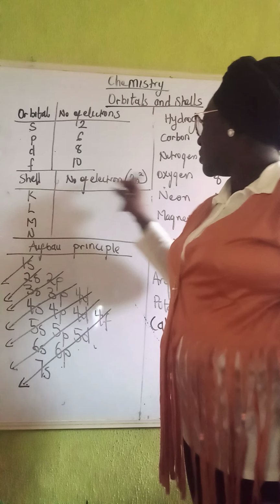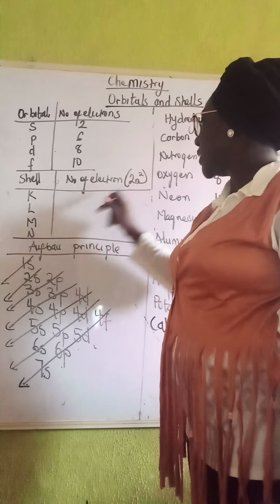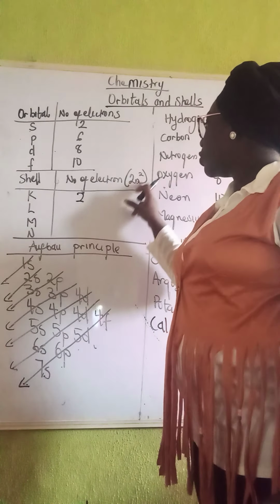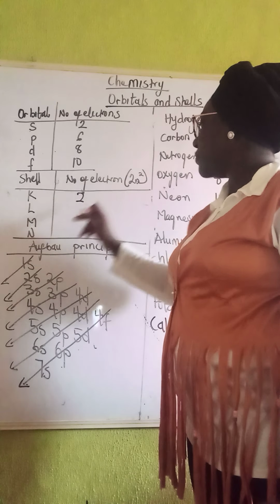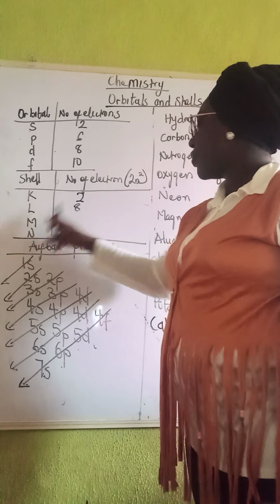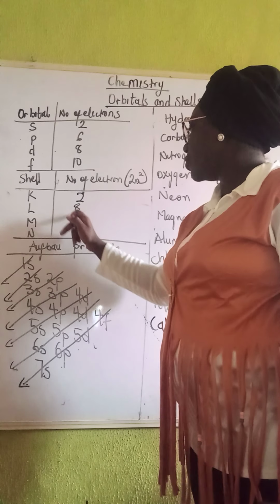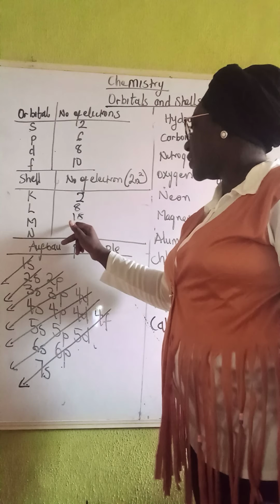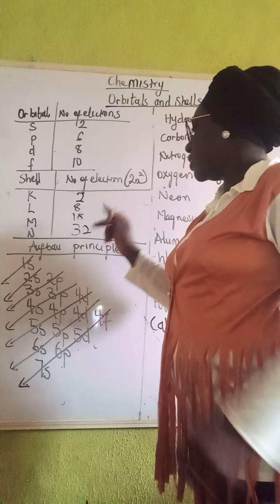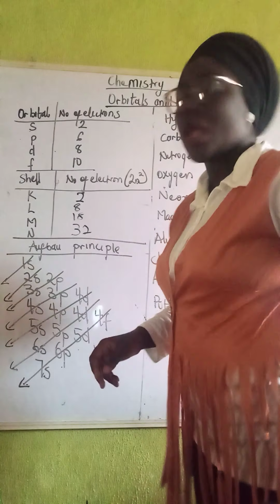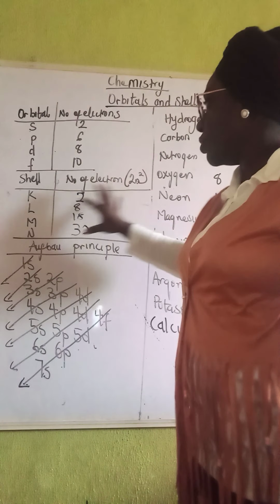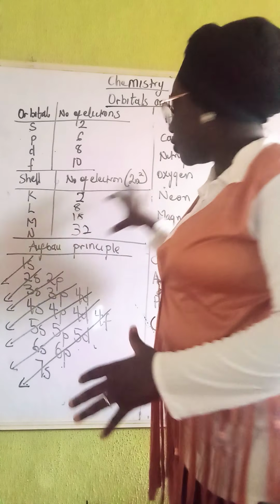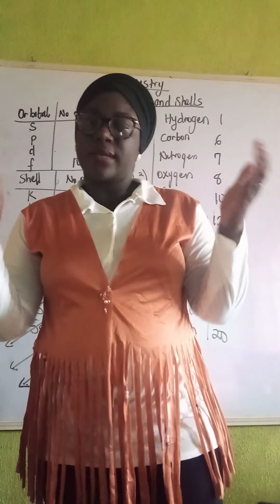For the first shell, n is 1: 1 squared is 1, times 2 is 2. For the second shell, 2 squared is 4, times 2 is 8. For n equals 3, 3 squared is 9, times 2 is 18. For n equals 4, 4 squared is 16, times 2 is 32. So all these are the number of electrons each shell can accommodate.